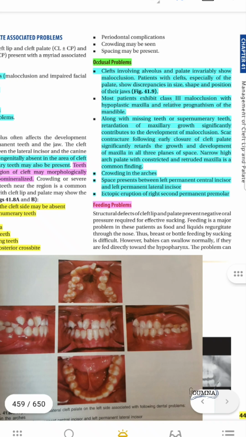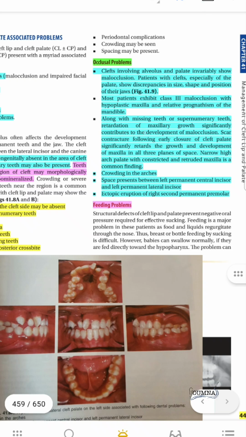The cleft palate is associated mostly with class 3 malocclusion, where we have a hypoplastic maxilla, which is a lack of development of the maxilla, and a prognathism of the mandible, which means an excessive growth of the mandible.